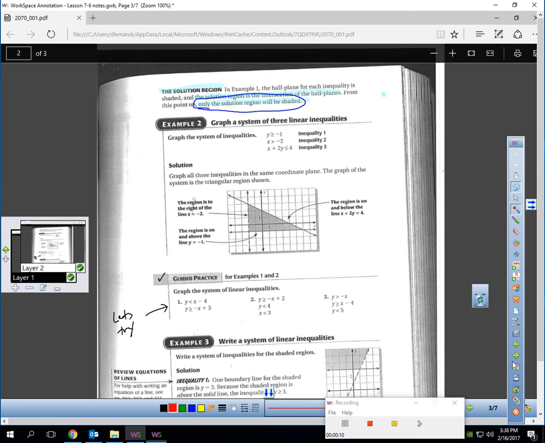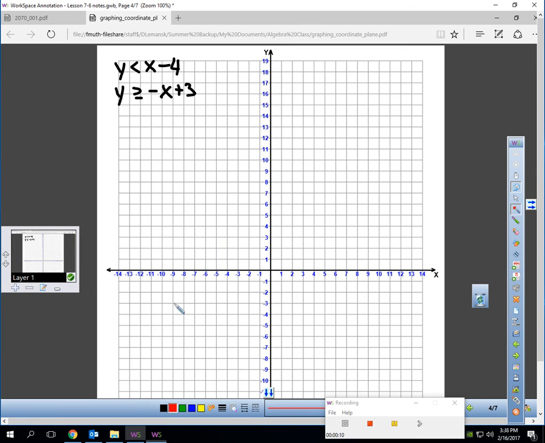Let's try these. For this problem, the first inequality is in slope-intercept form. My y-intercept's -4, and my slope is +1, so up 1 over 1. You notice how this is a less than, there's no equal, so let's draw a dotted line.